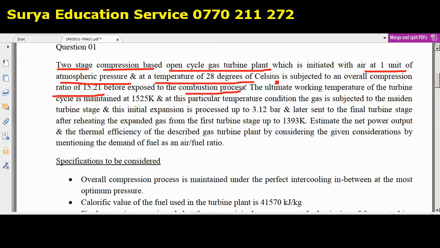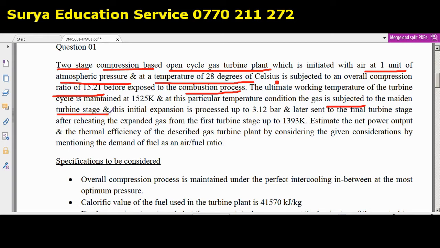Okay, that means the starting temperature of the first turbine is 1525 Kelvin. That means we are going to charge the first turbine up to 1525 Kelvin. At this particular temperature condition, the first expansion process starts. That means at this temperature condition, the gas is subjected to the first turbine stage.